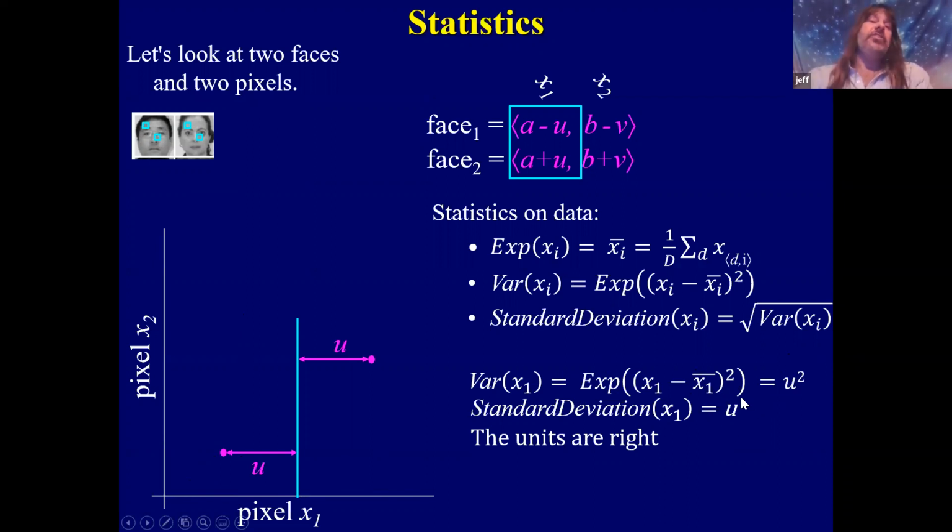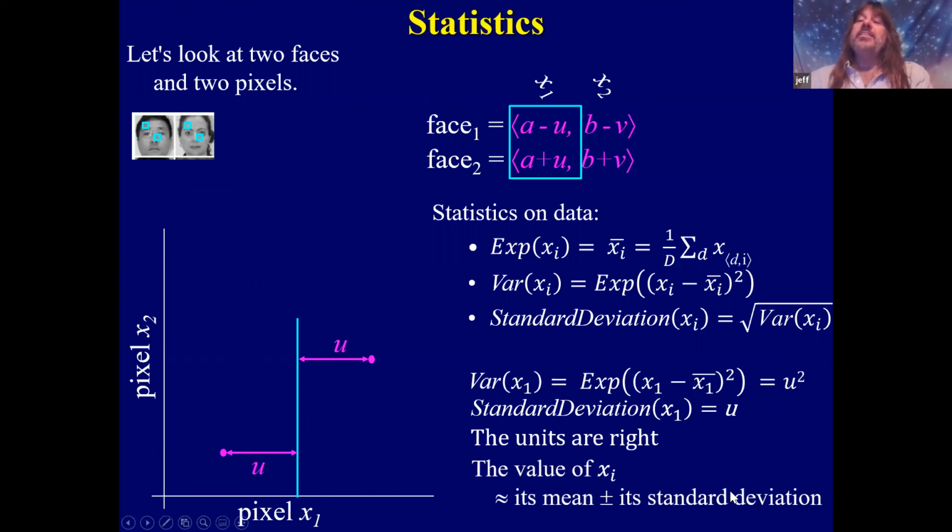Well, standard deviation brings it back to meters. And we've already talked about standard deviation. What value do we expect to get for this pixel? We expect to get its mean value plus or minus some number of standard deviations. Remember, being 6 standard deviations off is very unlikely.